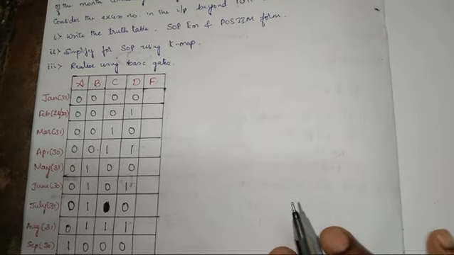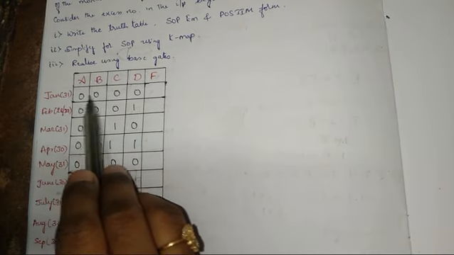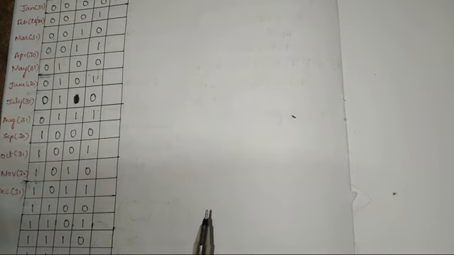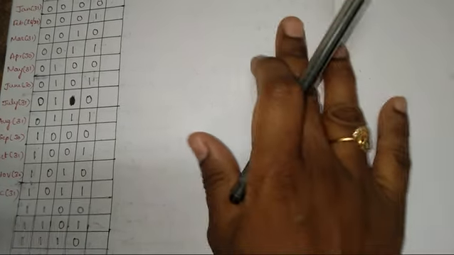For January, the code they have considered is 0000, for February 0001 and so on, till December, for which it is 1011. Beyond that, we will get up to 1111.